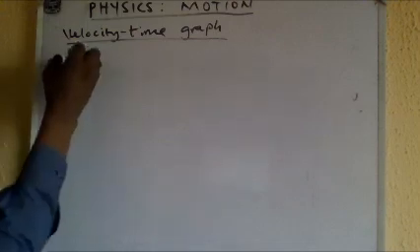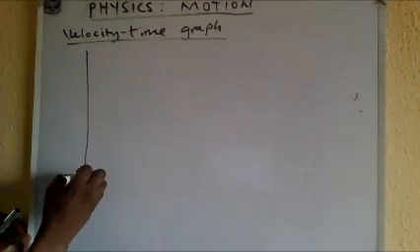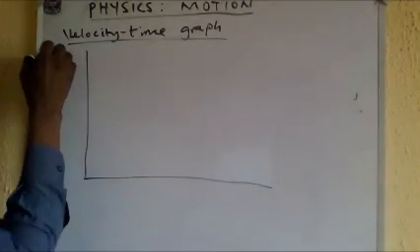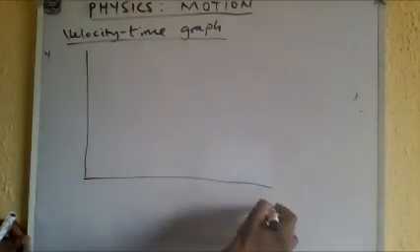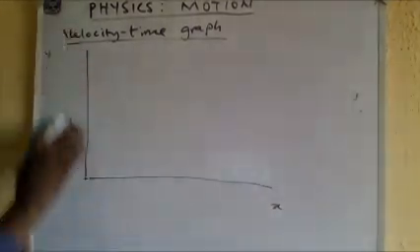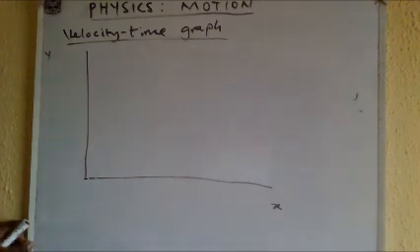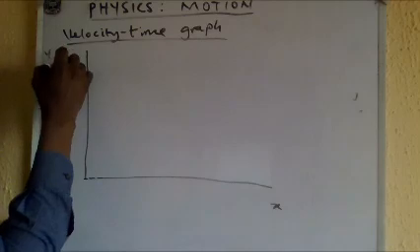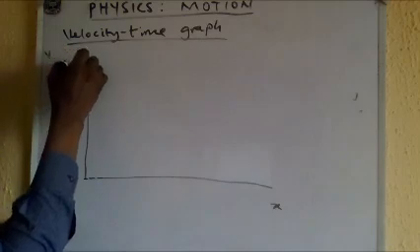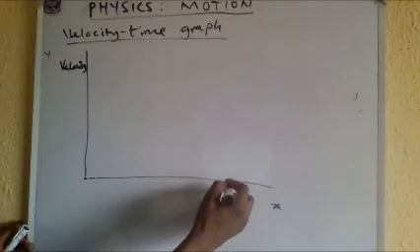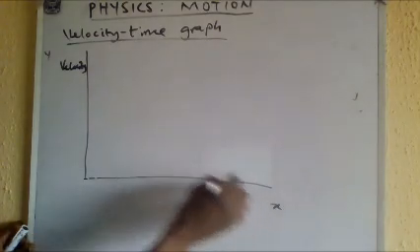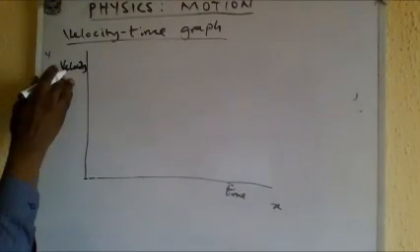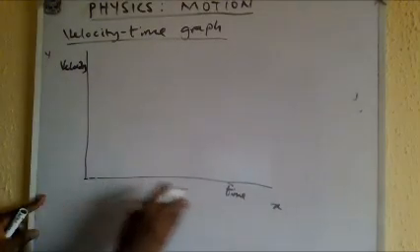So for instance, if I try to plot a graph like this, where this is the y-axis by convention, and this is the x-axis, positive and negative, positive and positive. Understand? Now, if we put velocity on the positive y-axis and time on the x-axis, that means this side is in meters per second, and this is in seconds.